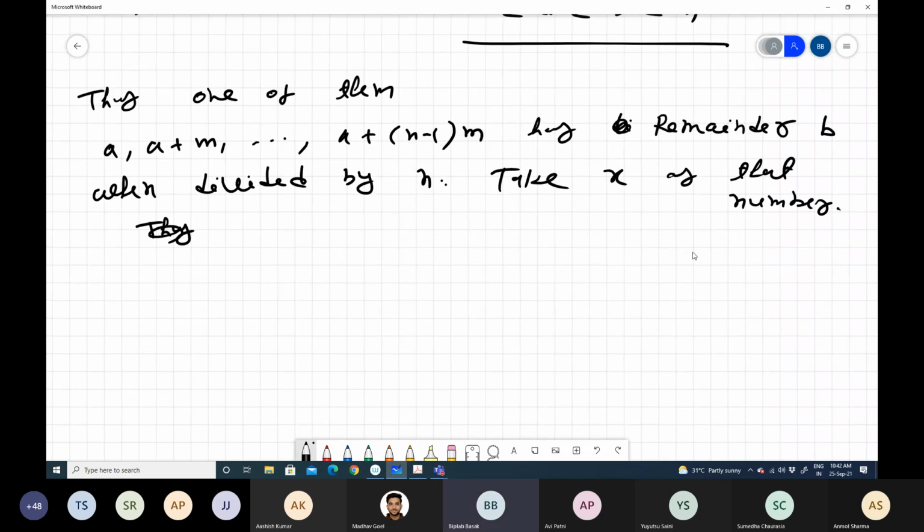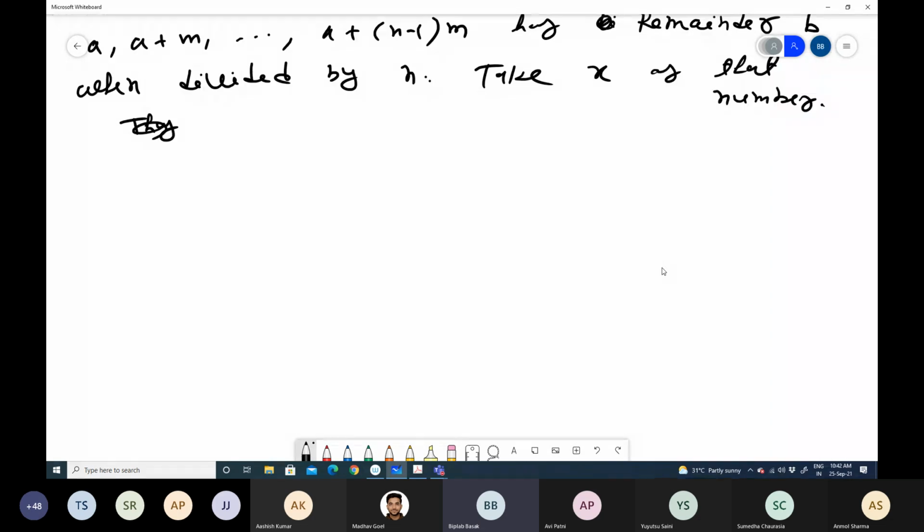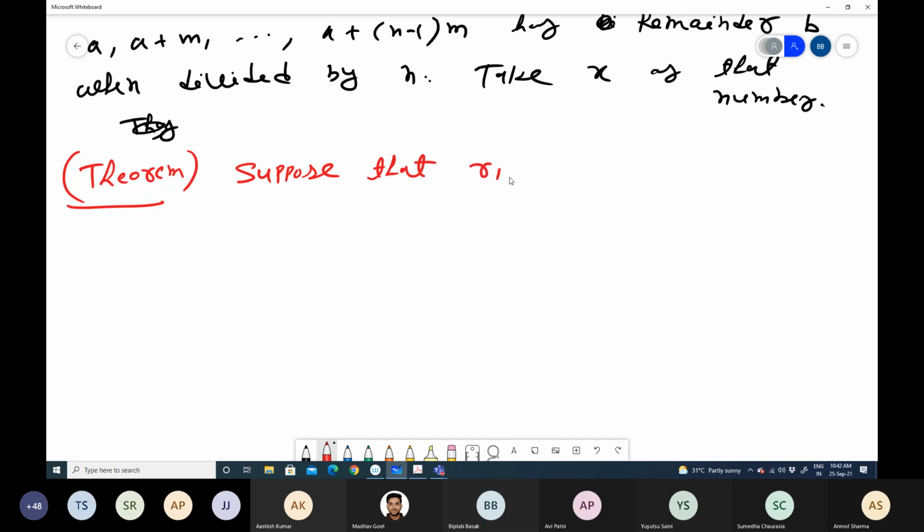Okay. Now I am just writing one corollary before closing today's lecture. You can write it as a theorem as well, because it is just a generalization of the pigeonhole principle. Now it says: suppose that r1, r2, ..., rn are positive integers.